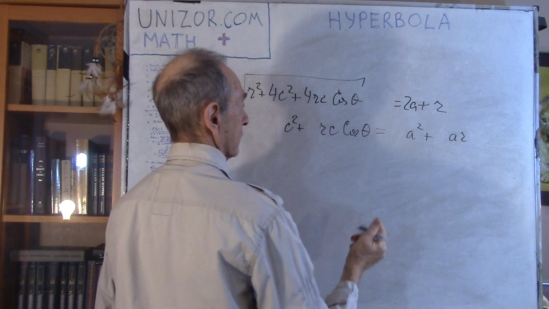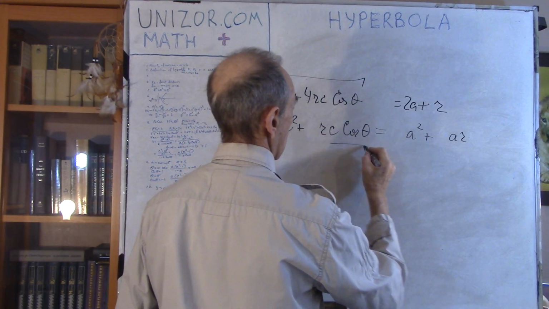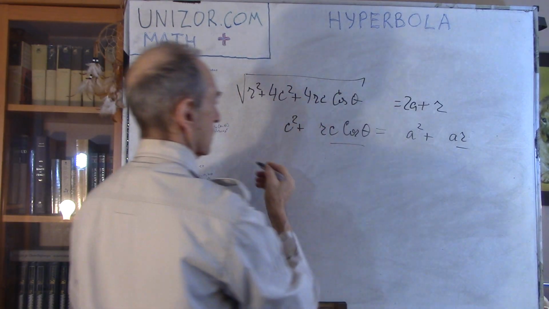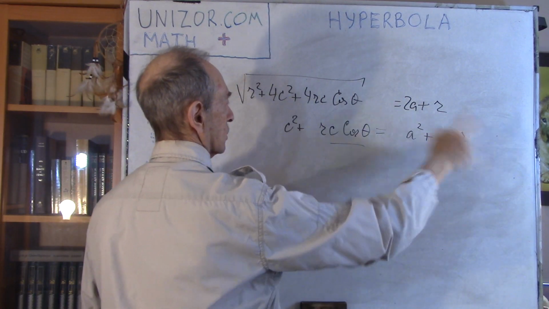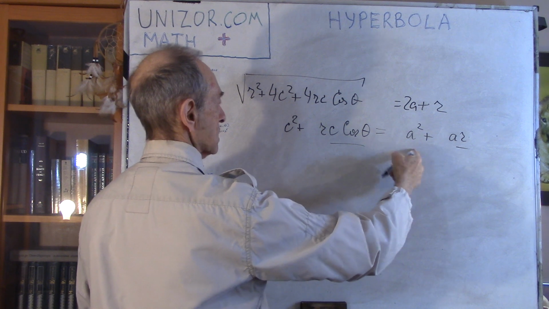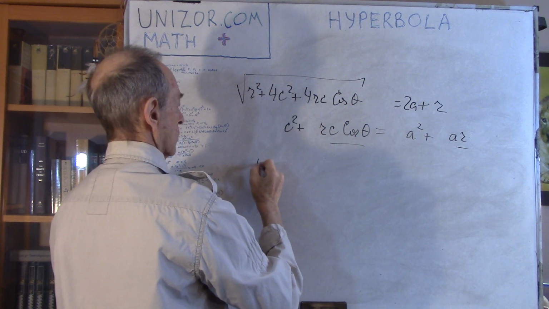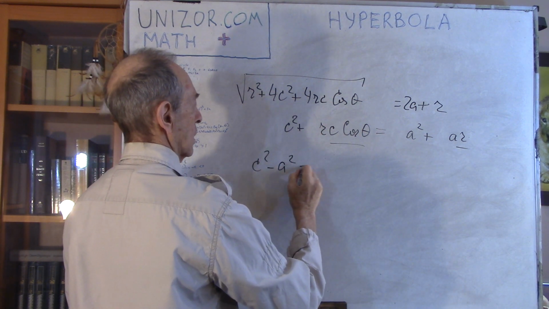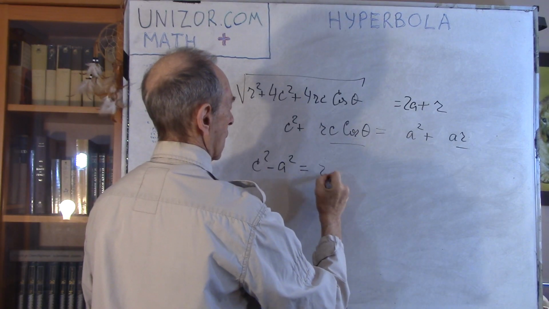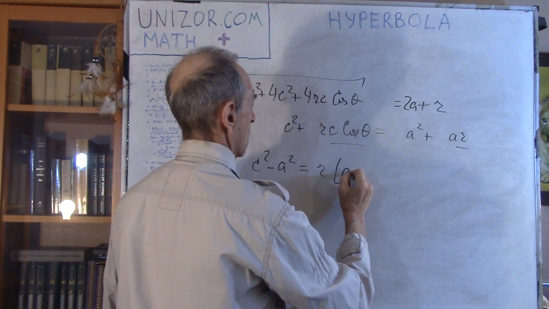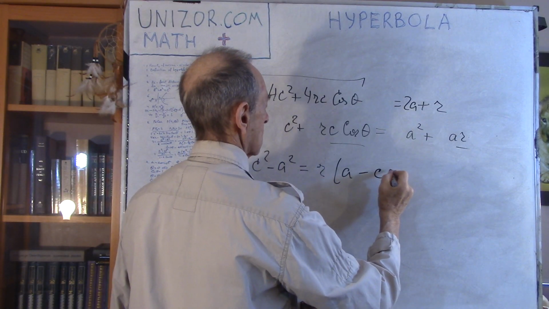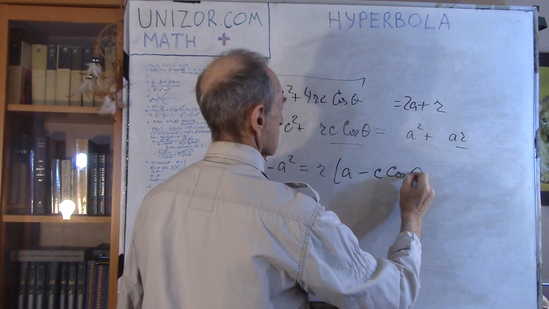And all we have to do is connect r to one side and everything else to another side. So we will put this r to the right and a squared to the left. So c squared minus a squared equals, r can be taken out, a minus c cosine theta.